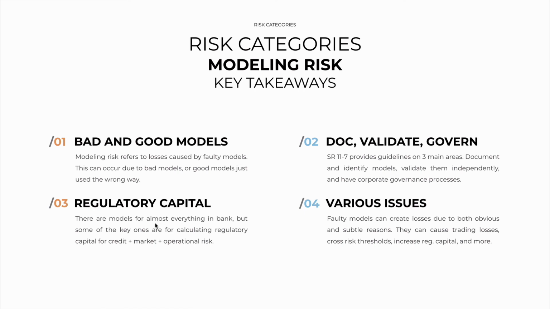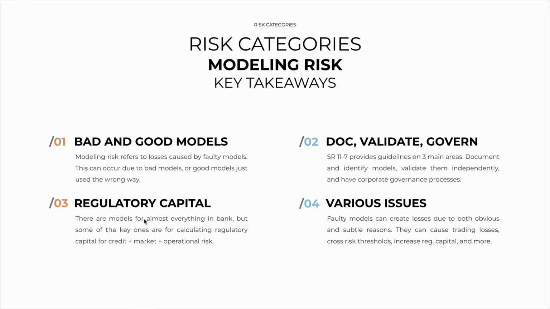Then, although there are models for almost everything in a bank or other financial institutions, some of the most relevant ones are the ones used to calculate regulatory capital under Basel's microprudential regulatory framework. Usually, there are models used to calculate regulatory capital for credit risk, market risk, and operational risk.